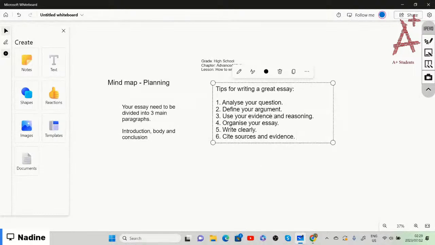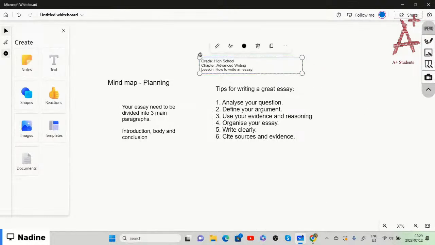At the end of your essay, you need to cite your sources as well as your evidence: where you got it from, the link, the name of the book, when it was published, so that we can know that you're not taking somebody else's words and making them your own. So that is basically a few tips for writing a great essay.